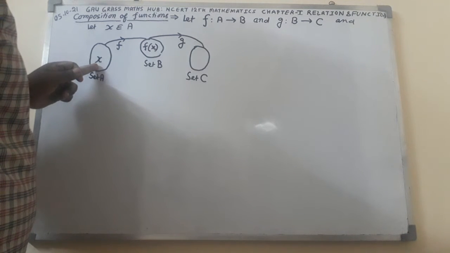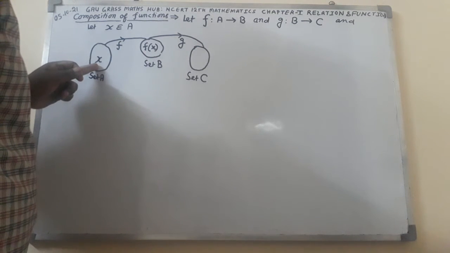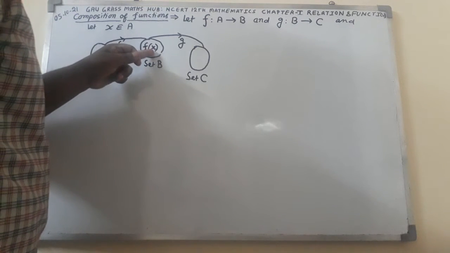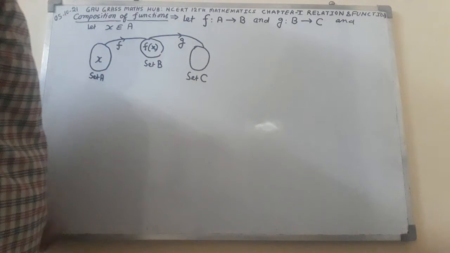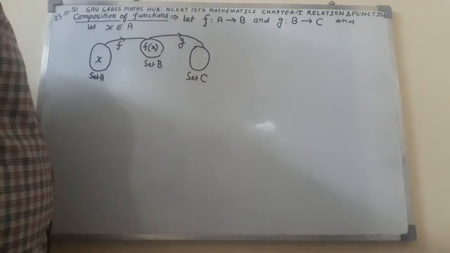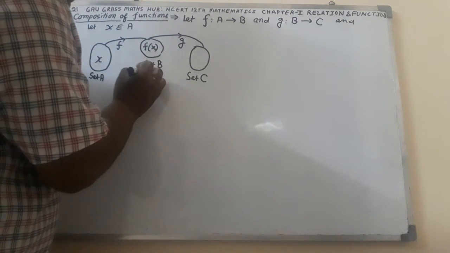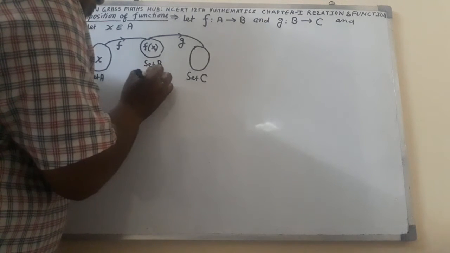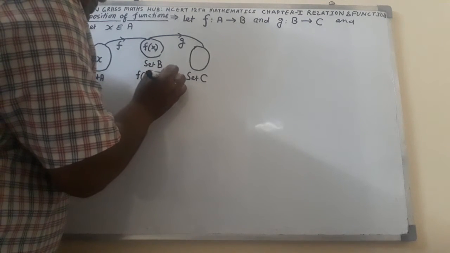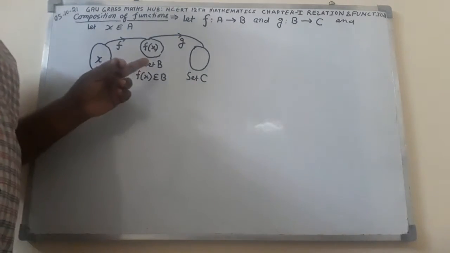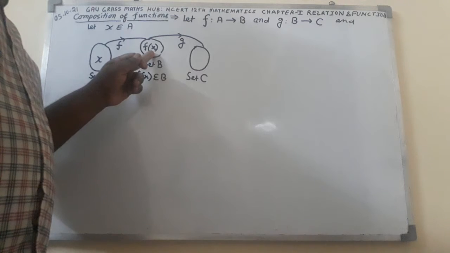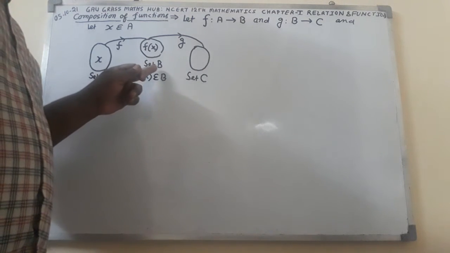The image of x will be f of x, and f of x will be an element of set B. Here I can write f of x is an element of set B.